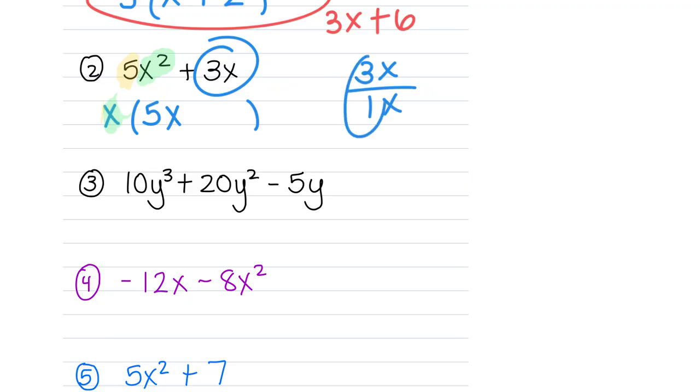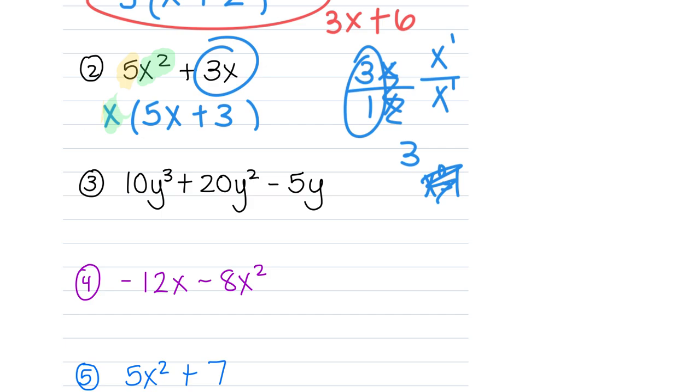What's 3 divided by 1? 3, and then the x goes away. So it's just plus 3. Wait, the x goes away, because if I said x divided by x, isn't that x to the first divided by x to the first? Don't you subtract 1 minus 1 and get 0? X to the 0th equals 1, which means it basically goes away. We're using exponent properties from last chapter.